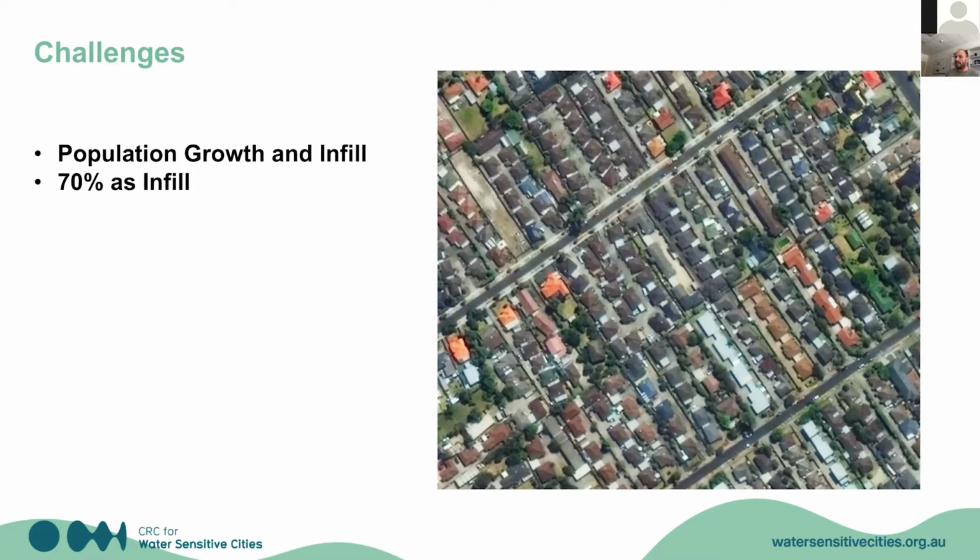And this has a massive impact on increasing the impervious surfaces as well. So we get obviously more roof cover, more concrete, more driveways. And with that, we start to lose a lot of the amenity benefits that we had before.